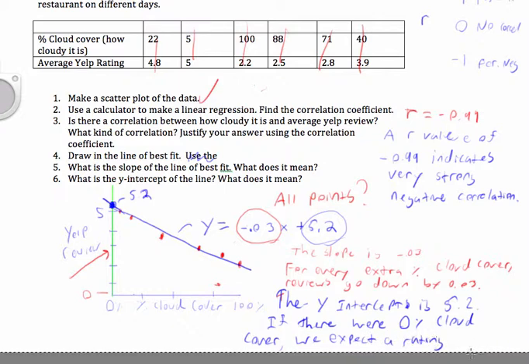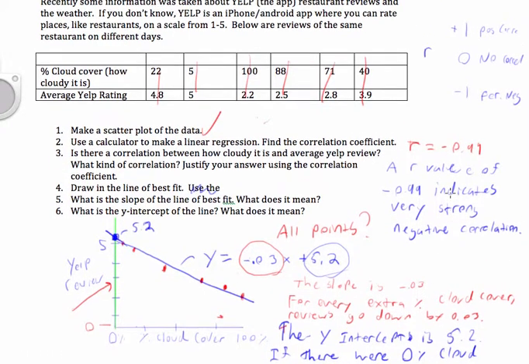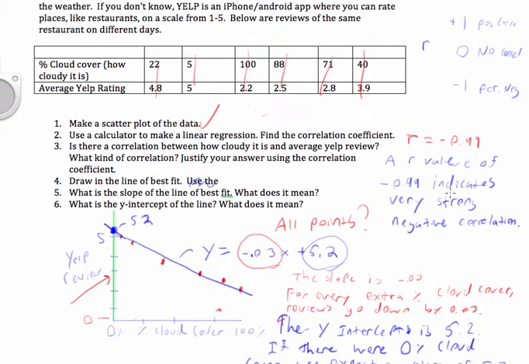It doesn't matter if this is actually possible. I know the rating only goes up to 5. This is just what our trend line shows. Our trend line, or our line of best fit. So that kind of finishes this up.